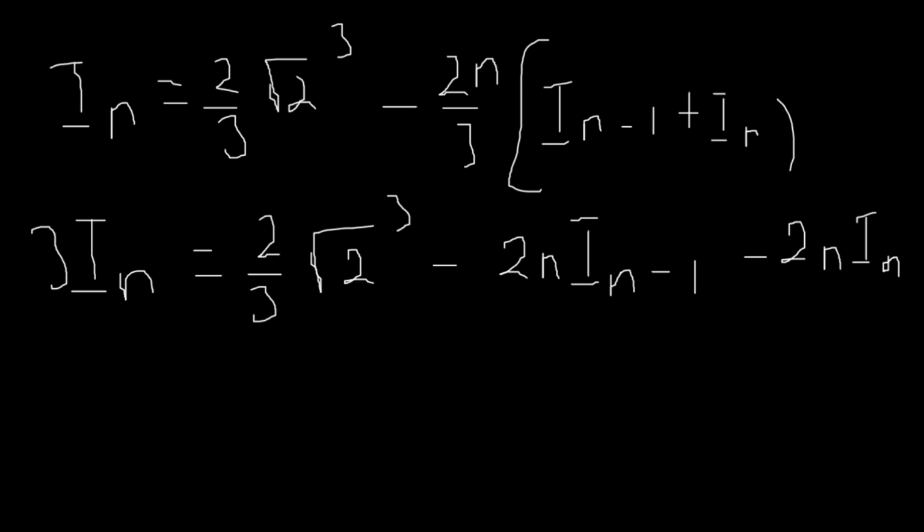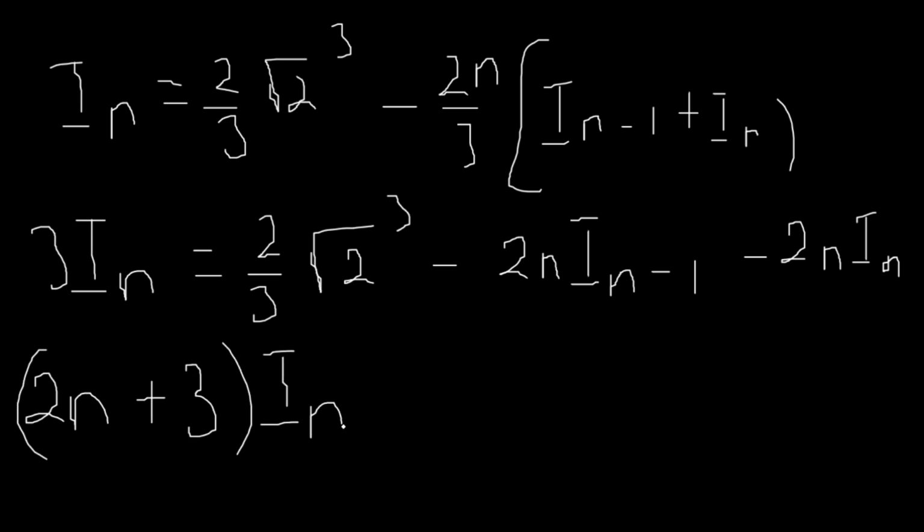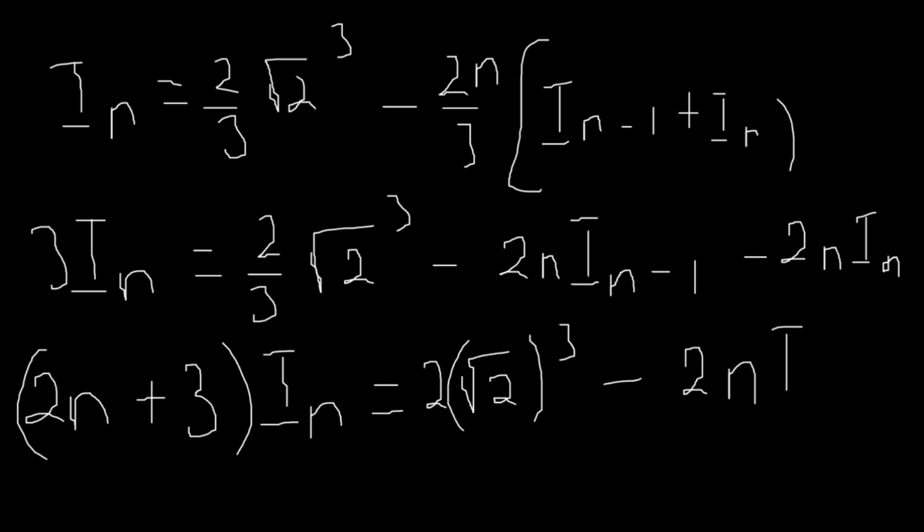We can bring it here. That will be 2n plus 3 times I subscript n being equal to 2 root 2 all that cubed minus 2n I subscript n minus 1. And that is exactly what we had.